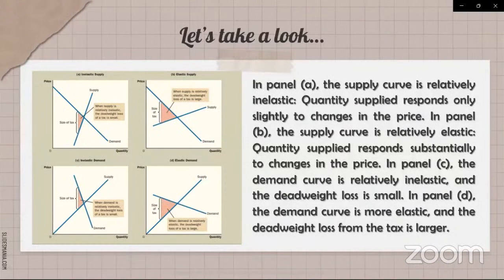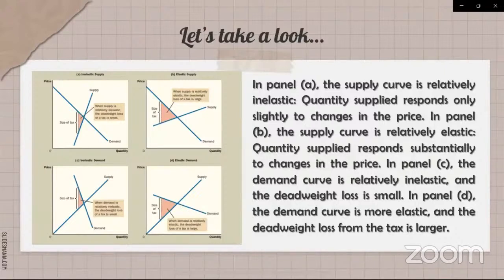In panels C and D, the supply curve and the size of the tax are the same, but the price elasticity of demand is different. Notice that the more elastic the demand curve, the larger the deadweight loss of the tax. The lesson from this figure is easy to explain.